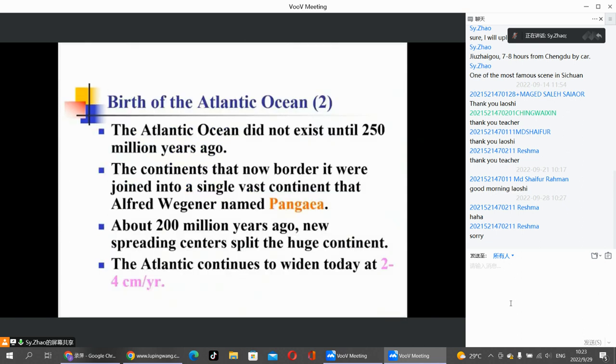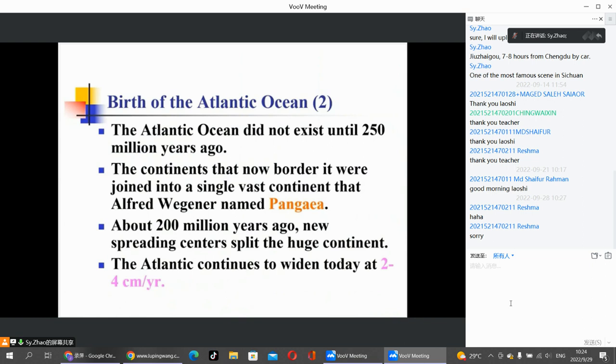The Atlantic Ocean did not exist until 250 million years ago, when the continents that now border it were joined into a single vast continent that Alfred Wegener named Pangaea.